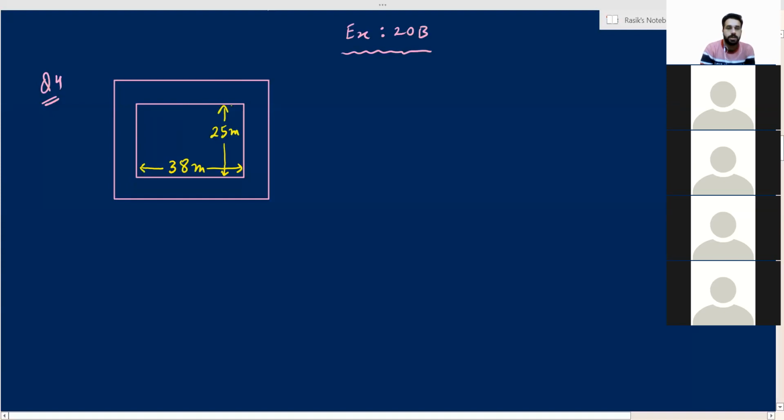The width of the path is 2.5 meter all around. Everywhere the width of the path is 2.5 meters. Okay. 2.5 meter on the left side, 2.5 meter on the right side, 2.5 on the upside and 2.5 on the bottom side. Okay.